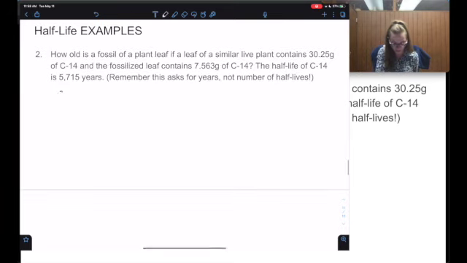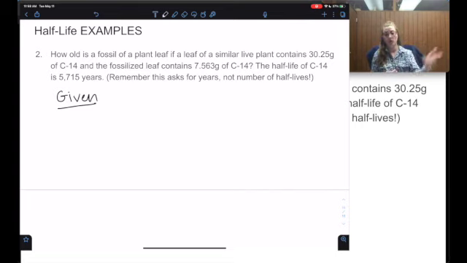Read through the problem and figure out what we're given. So given, how old is a fossil? A similar live plant contains 30.25 grams of carbon-14. So this is going to be our original mass, okay? So we're comparing to things that are alive, things that are happening today. Anything we're talking about alive or freshly picked or something like that is going to be our original mass.